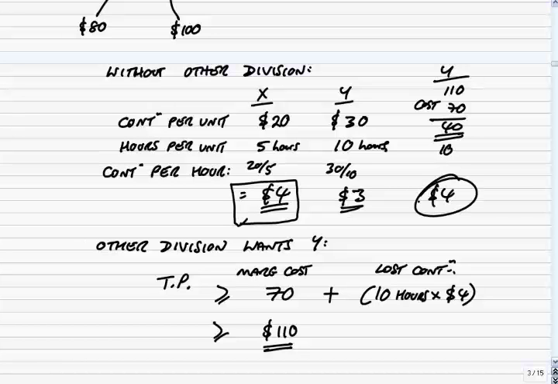We'd be earning $4 an hour. Well, of course, if we were earning $4 an hour from Y, I'd be quite happy. I don't care if I make X or Y. But if Y is giving less than $4 an hour, if Y is sold for less than 110, then we prefer to make X. However, the transfer price must be at least 110.